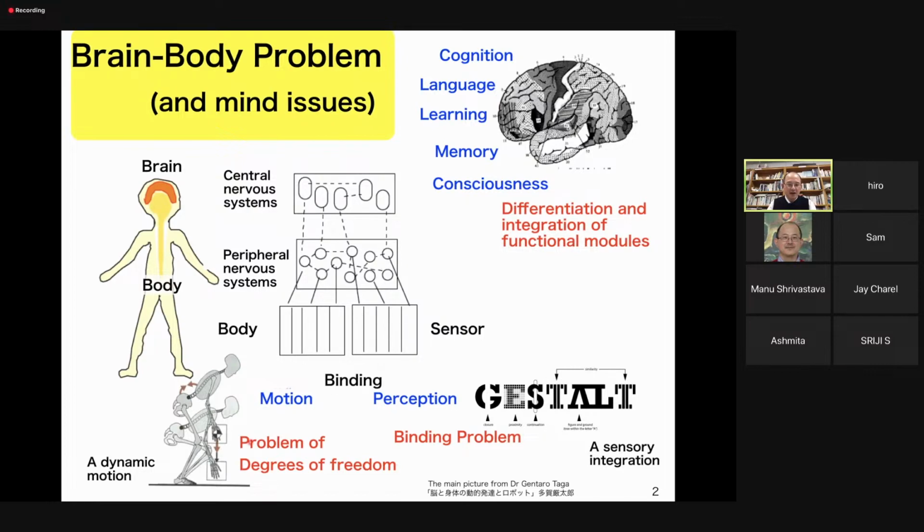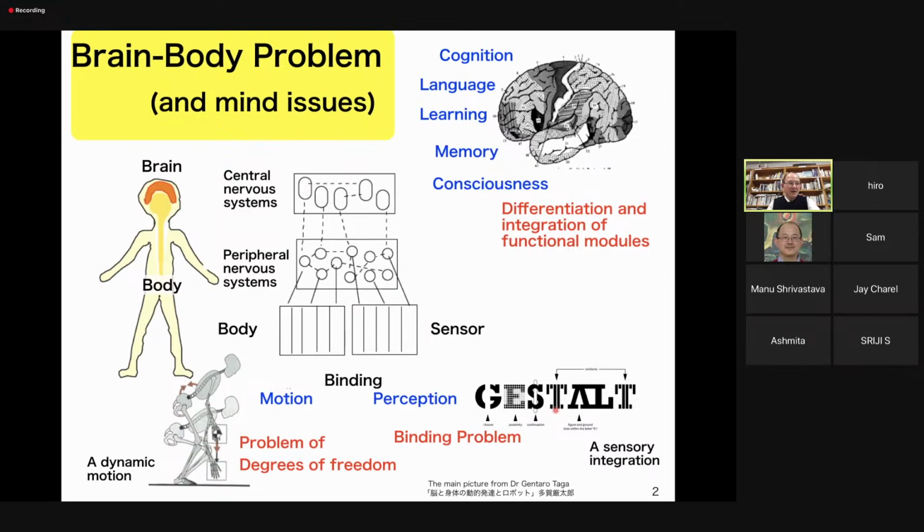The body moves to generate a specific function, the motion, by adding some constraint functionally. As you experienced, the binding problem exists in the perception issue. Gestalt is recognized in your eye by using different mechanisms in the brain.